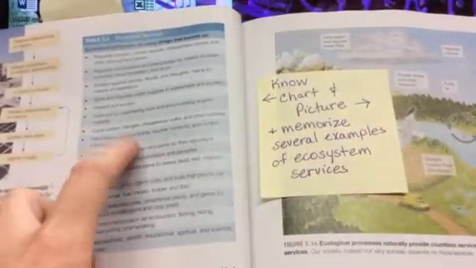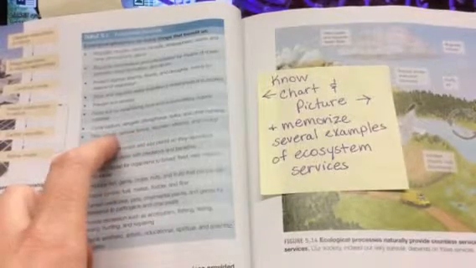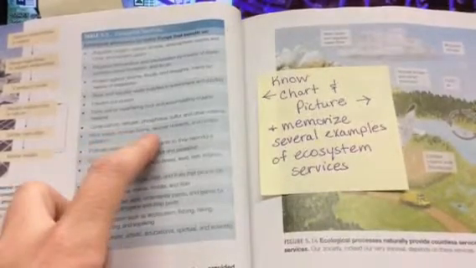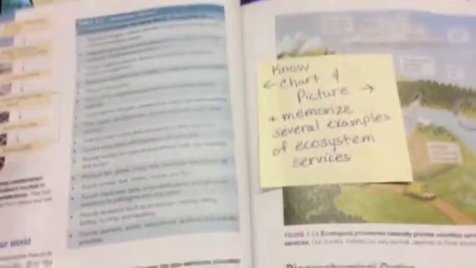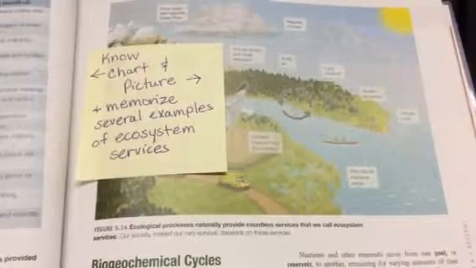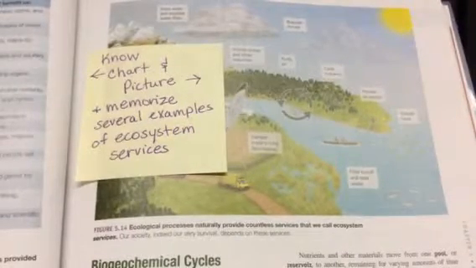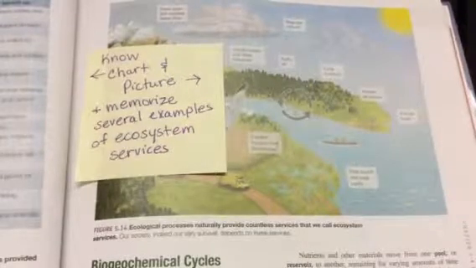Nature purifies toxins from the air. Trees do that. Trees also help with water pollution, which saves us money, and we need clean water. That's survival. And then here's a nice picture showing you the things that nature does for human survival.